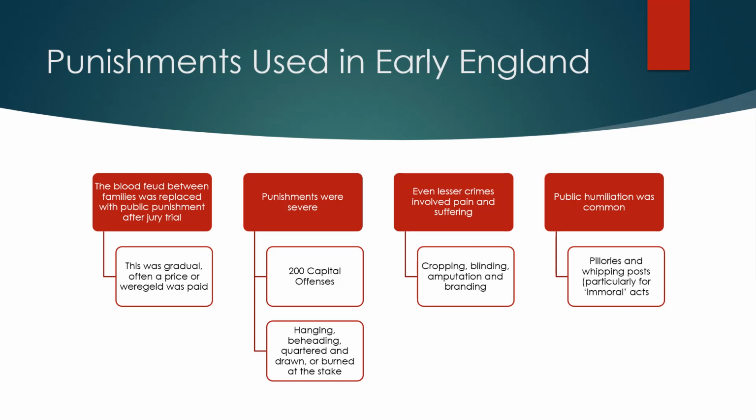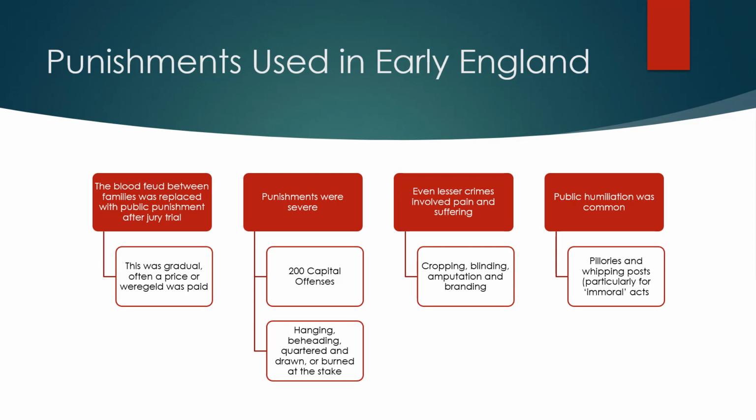You were basically handcuffed, but through a wooden box that your head is being held in. The end result, particularly for immoral acts like drunkenness, because that was seen as a moral failure, and infidelity was seen as a moral failure, although that could be punishable by very severe penalties as well, was that you were exposed to the public, and you were humiliated or condemned.